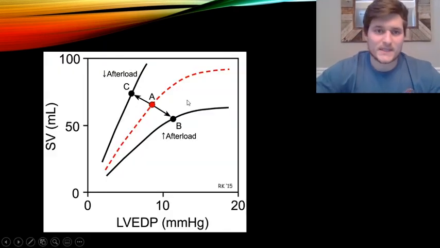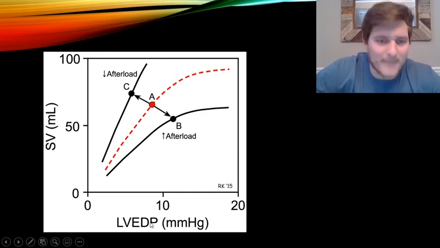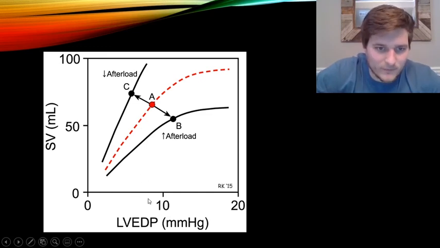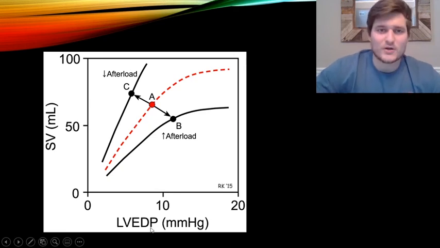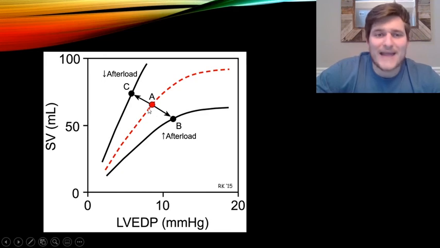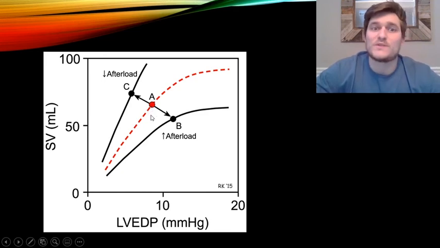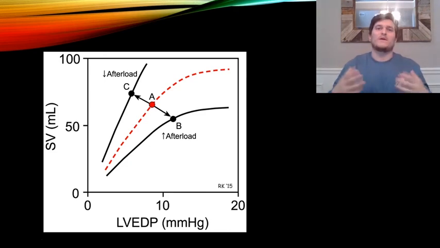So what we see is that for a given amount of preload, or for a given left ventricular end diastolic pressure or end diastolic volume, which we talked about, an increase in afterload is going to decrease stroke volume because the heart has to work against this higher pressure and is not going to be able to eject out as much blood.